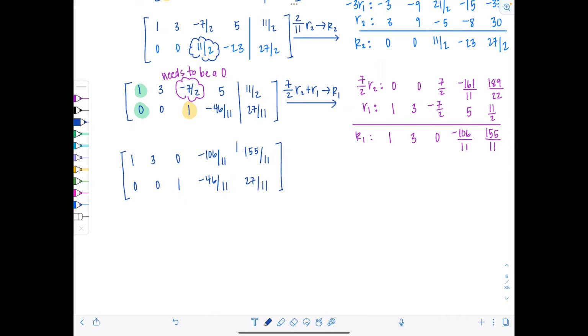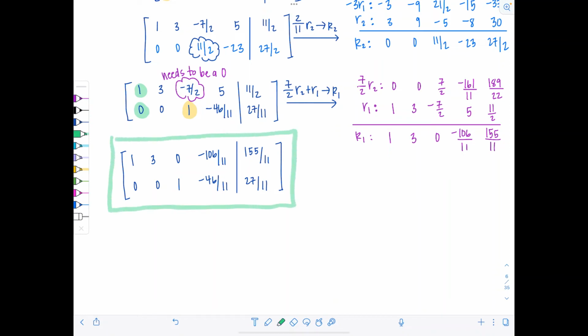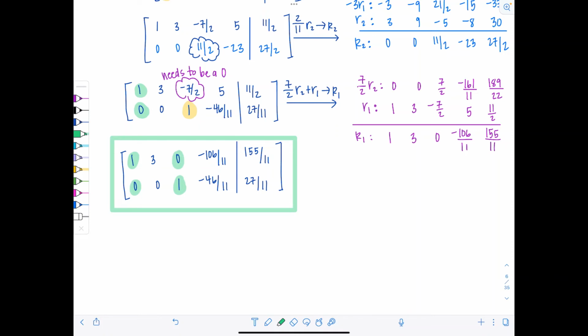Okay, this doesn't look nearly as cute as our last result, but our job is done. The first non-zero entry in each row, furthest left, is a 1, and there's zeros in that entire column, and there's nothing else to do. Okay, I know, so gross looking.